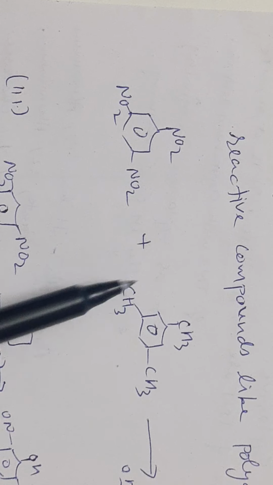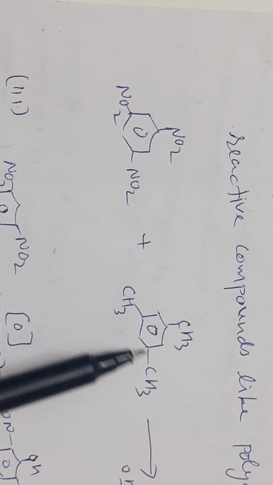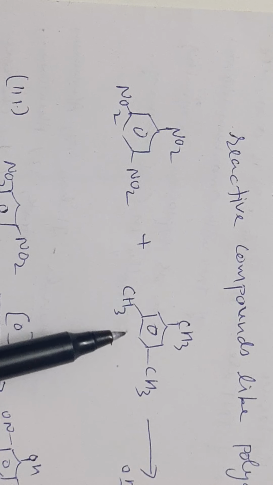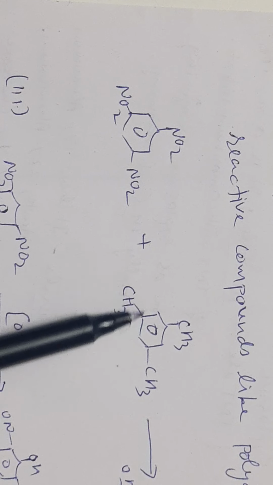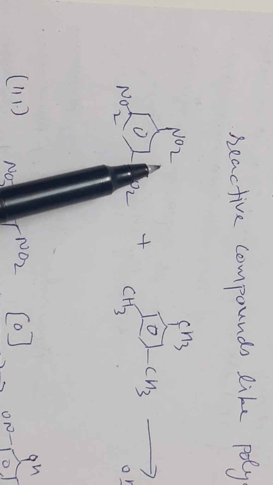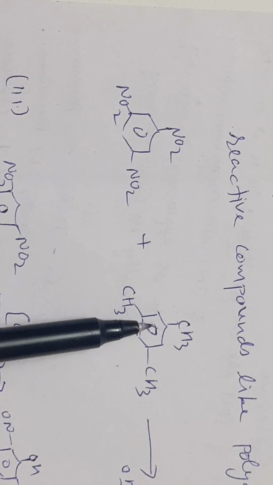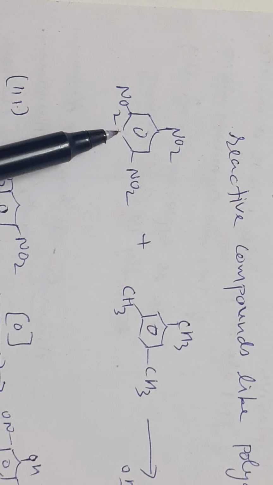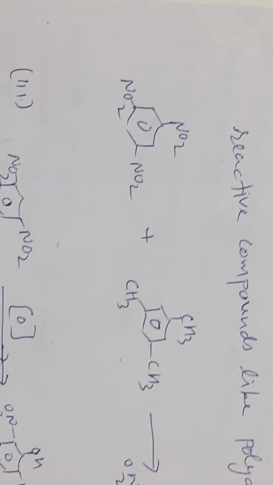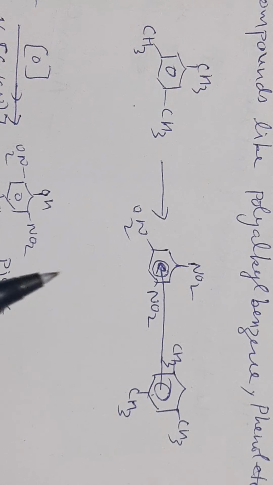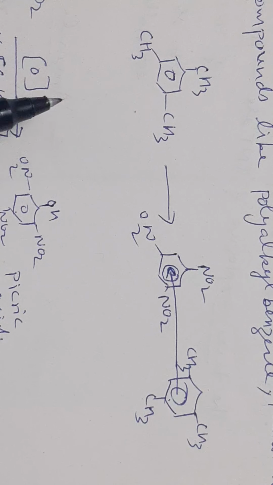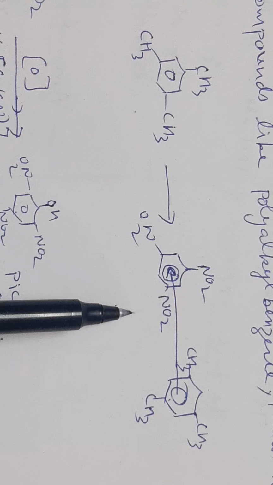So by the presence of more methyl groups on benzene, the electron density of the benzene ring increases. In trimethyl benzene the electron density of the ring is very high, and in TNB it is very low. So charge is transferred from trimethyl benzene to the TNB and we get a compound, which is known as the charge transfer compound. So TNB with polyalkyl benzene gives charge transfer compounds.